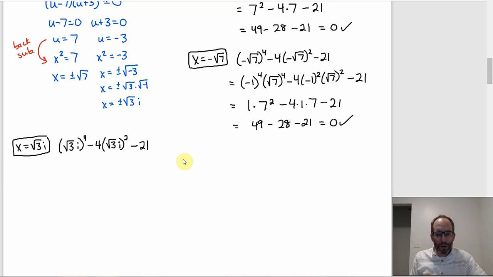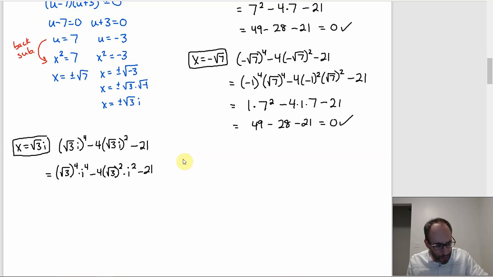And we can do what we did in the last one, where if you view what's inside the parentheses as a product, so like the radical 3 times i all being raised to the fourth, you could say, well, then that's radical 3 to the fourth times i to the fourth. And that's what I would do with this thing. So I'm going to rewrite this as radical 3 to the fourth times i to the fourth minus 4 times radical 3 squared times i squared minus 21.